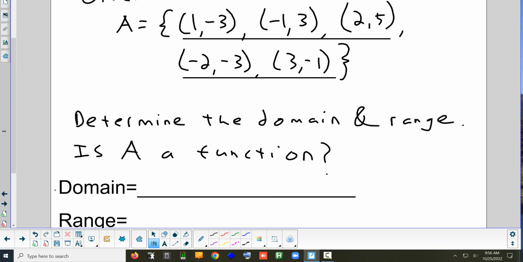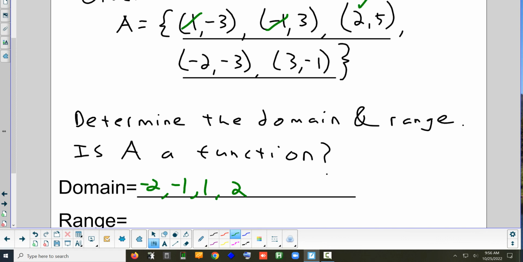All right, so Tirza, when you look at that, can you tell me what my domain is? 1, so we get 1. All right, I'm going to go over here now, -1. Okay? 2, -2. So you got 2, -2.